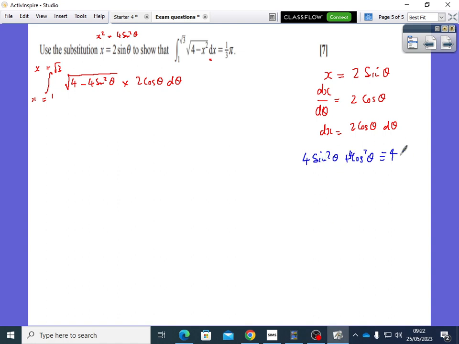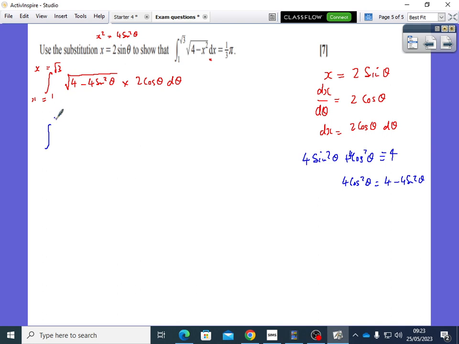Now if I take that to the side, I'll get 4 cos squared theta equal to 4 minus 4 sine squared theta, which is exactly that. So I'm going to replace that expression with 4 cos squared theta. In fact, I'm going to do one better, and I'll just do it here. It's okay, I'll do it in steps so I don't confuse you.